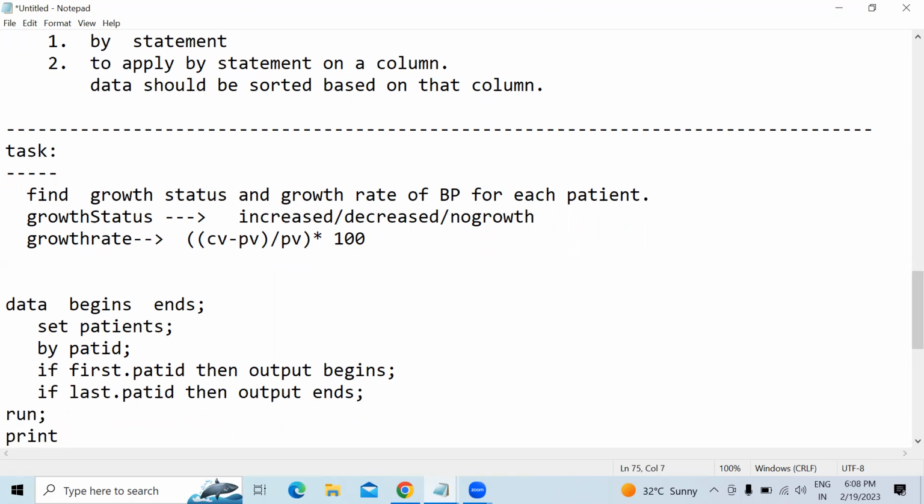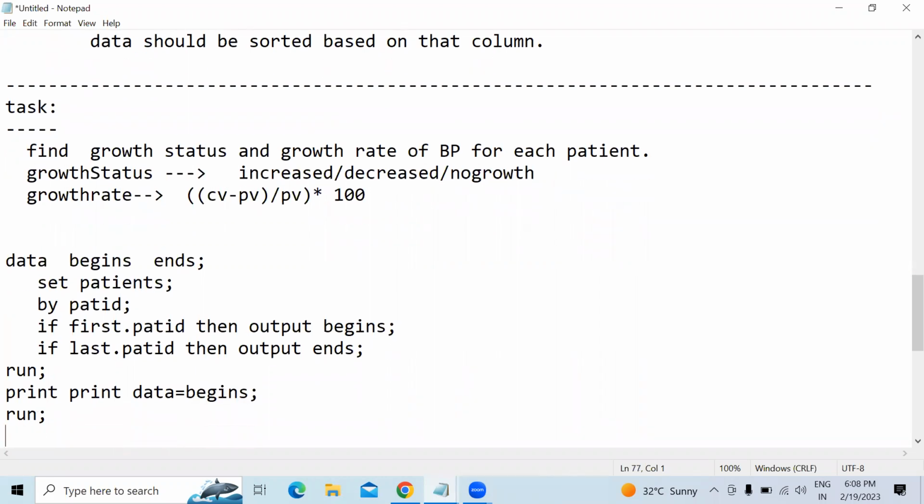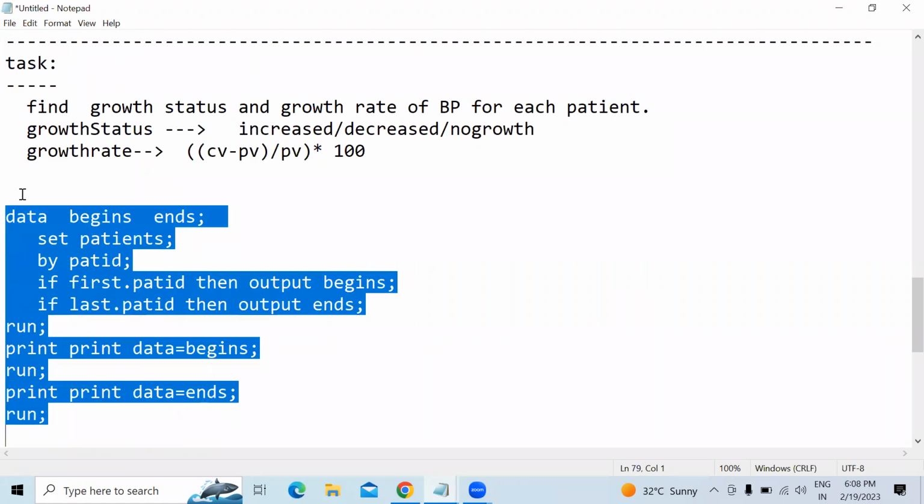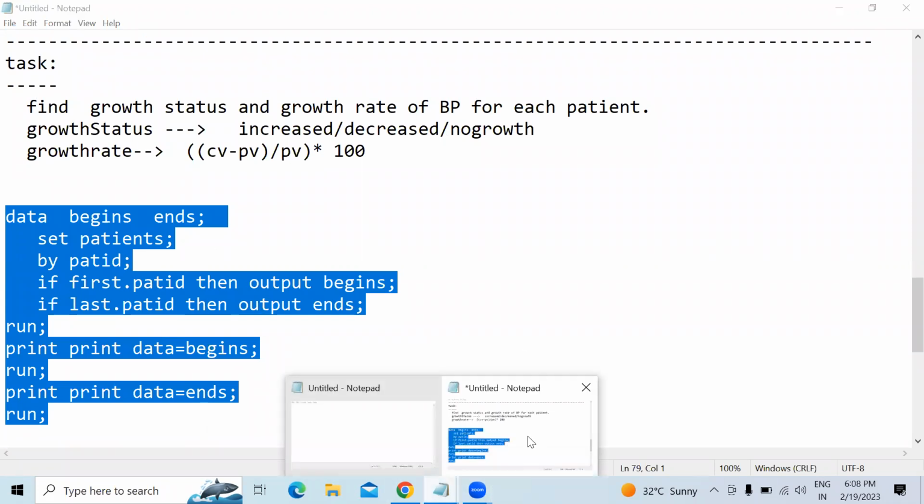Now check the values one by one. Proc print data equal to begins, then run it. One more, proc print data equal to ends. I'm just taking a copy of this one. Check it now.